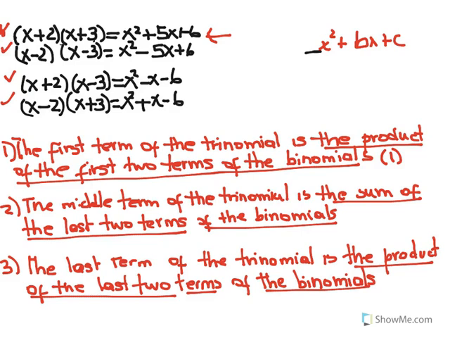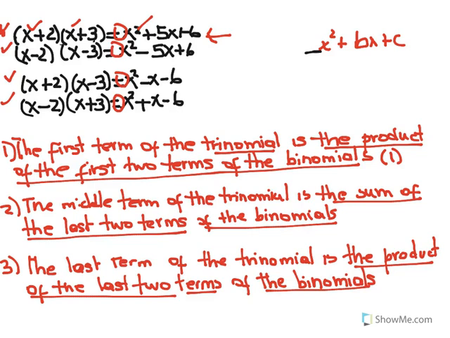So let's see how we get the coefficient that we have for the x squared. The coefficient for the x squared seems to be coming from multiplying the first times the first. So the first term of the trinomial is the product of the first terms of the binomials. So 1 times 1 is 1 and x times x is x squared.